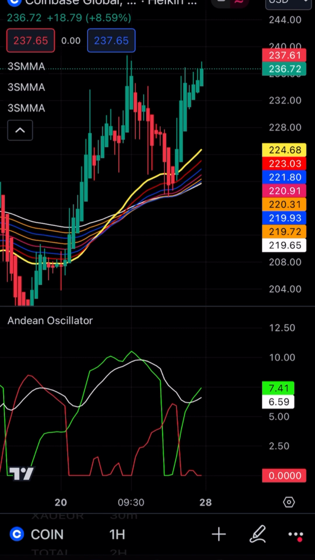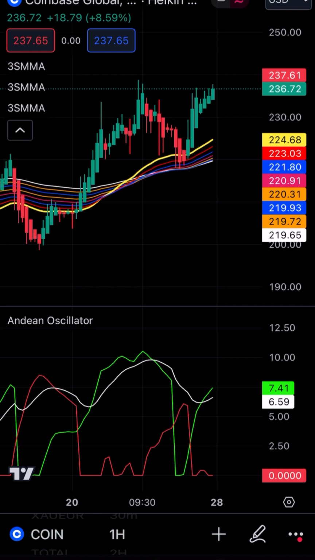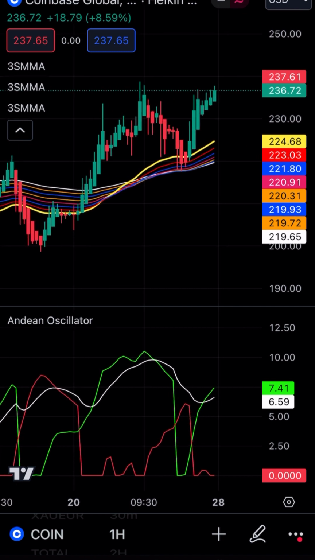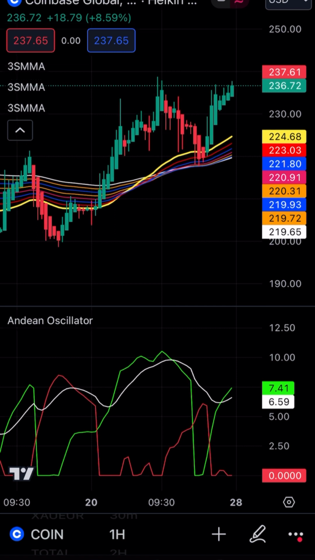I don't want to overwhelm you guys, but I'll probably make another video on how to do this on a more intraday level. When you do it on an intraday level, you have to pay more attention to the charts. So when you're doing it on the hour here, you don't really have to. You can leave it for a full day, or you could actually leave it running for longer because your chances of it going beyond is more.